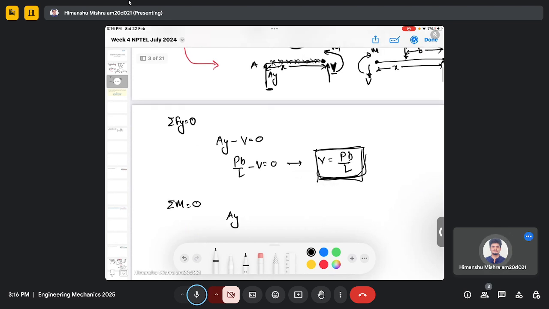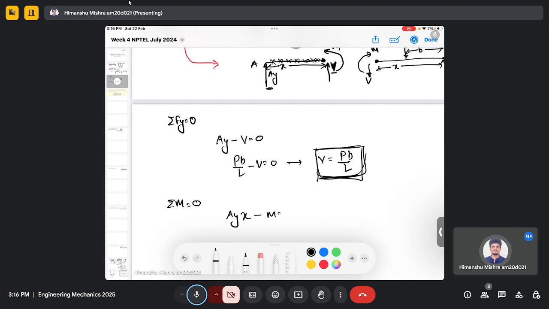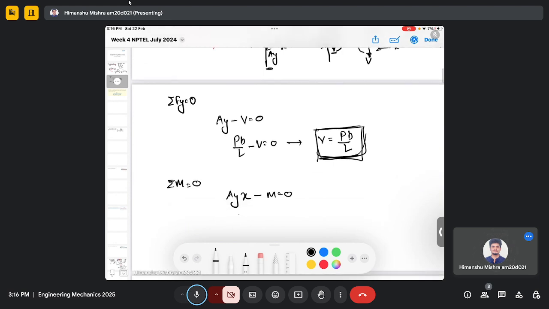So AY X, because it is X distance from the point, minus M equals 0. So it will be PBX by L minus M equals 0. So this will give me M equals PBX by L. So this is my moment.